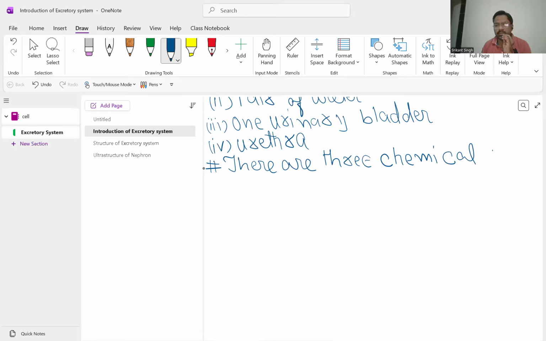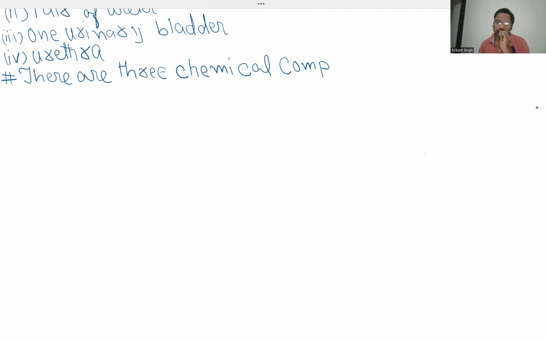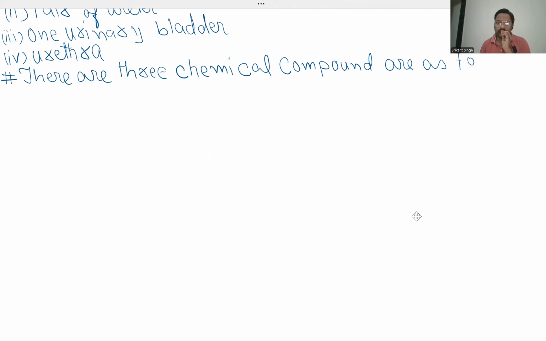There are three chemical compounds, as follows.